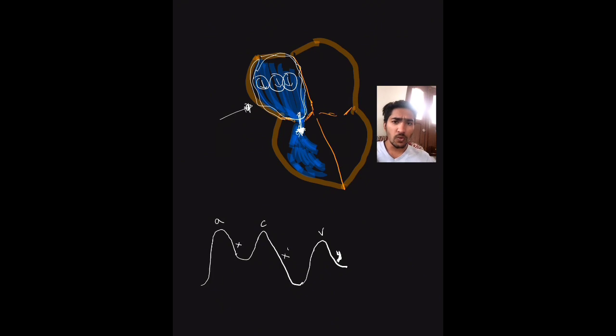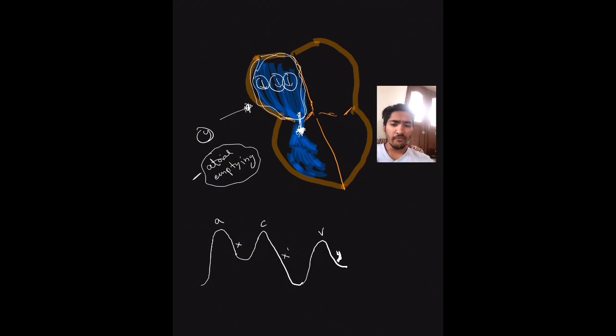There is no increase in right atrial pressure to get this blood emptied into the right ventricle. There is reduction in pressure. So from the right atrium, the blood is getting into the right ventricle. This is producing your Y wave. That is the atrial emptying phase.